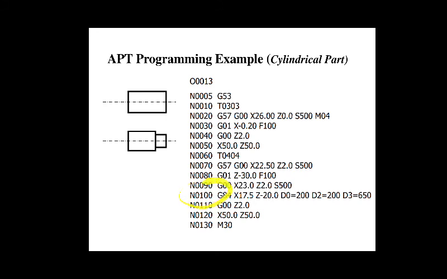Here the gap of 10 is there, so I can insert N0091 to change the tool, that is T0353, or I can enter N0092, N0093, N0094, N0095. Such blocks can be inserted.